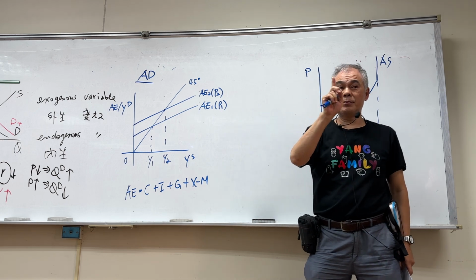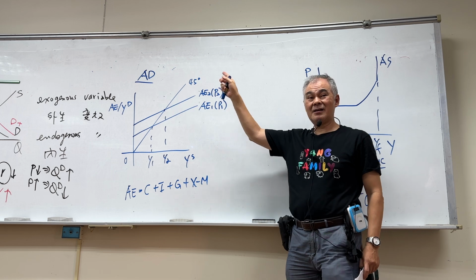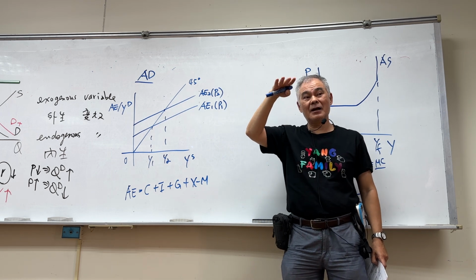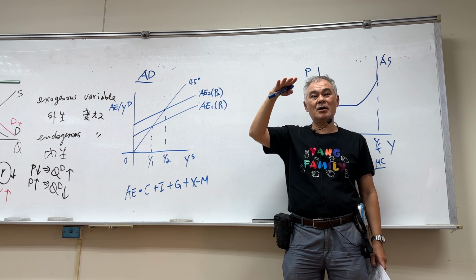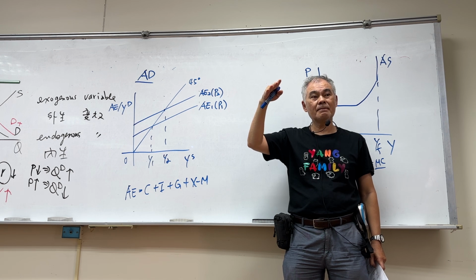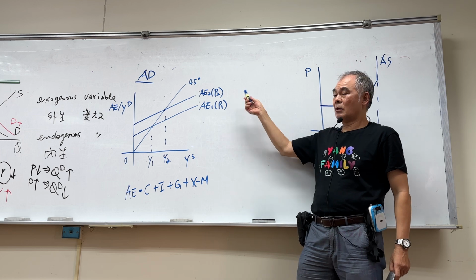No, price level will be P1, P2. P2 is higher because if the price level is higher, with the same amount of money, the goods you can buy is actually smaller, right?